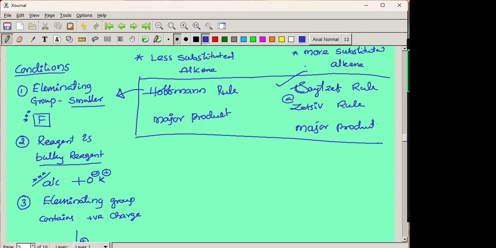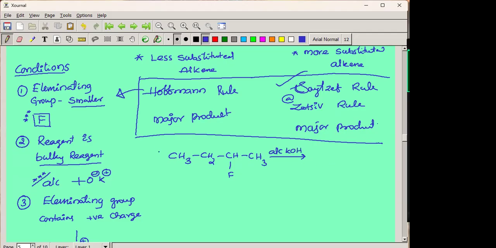How do we find out the Hofmann product and the Saytzeff product? These are the rules to find out. So I am writing an example here. The first rule: an example. CH3 CH2 CH, here it is F and here it is CH3. The reagent here I am going to take as alcoholic KOH.